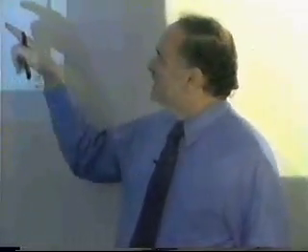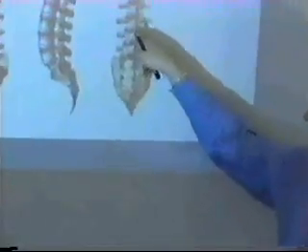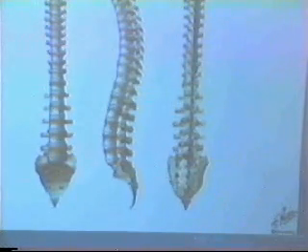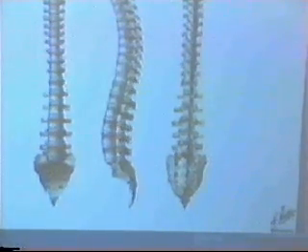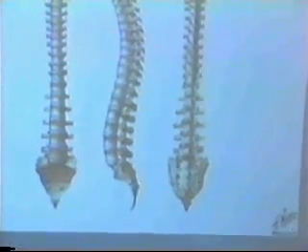Okay? Now, since our objective is to get our needle through an interlaminar space, when we do a lumbar puncture, we want that space to be as large as possible. That's the target that we're aiming for, so we want the target to be large. So how do we get that target to be large? How do we get the interlaminar space to increase in size?